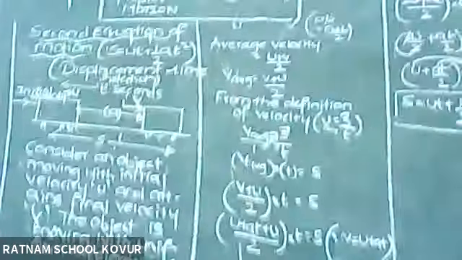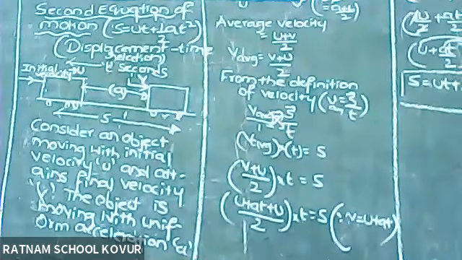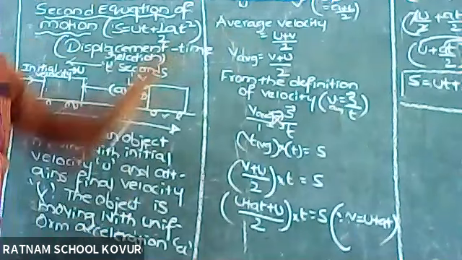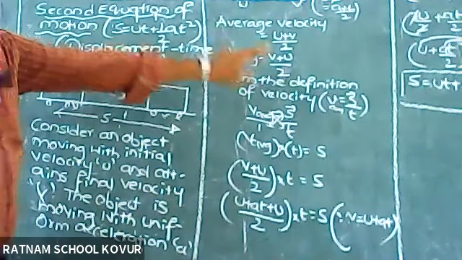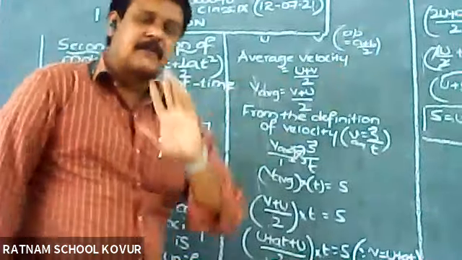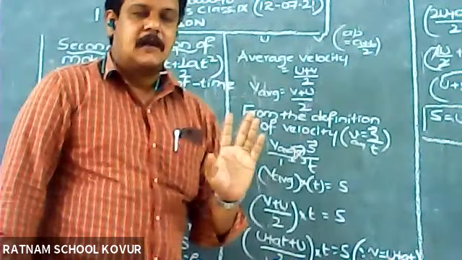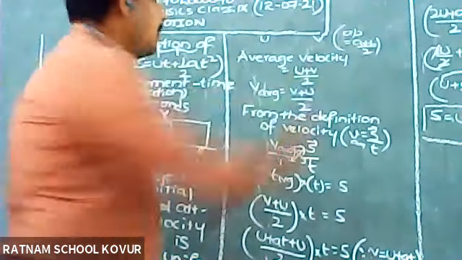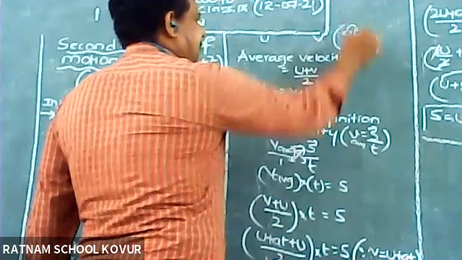Right, listen here. Now you take average velocity. In mathematics, the average of two numbers a, b is a plus b by 2, the sum of the events by the number of the events.